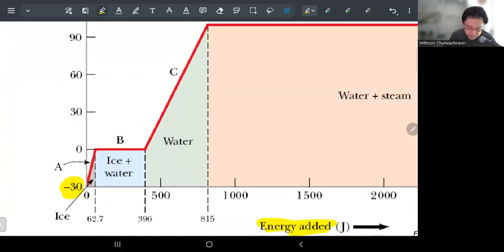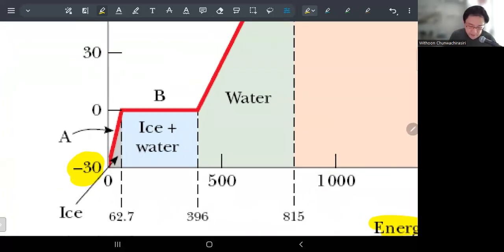So first, during the initial stage, because it's already negative 30 and still under zero, this ice will get hotter and hotter. It's still pretty cold anyway. But the point is, you're going to raise the temperature of this ice higher and higher from negative 30.